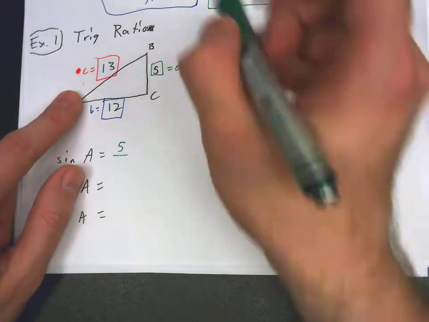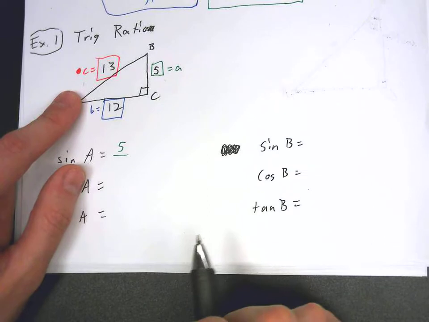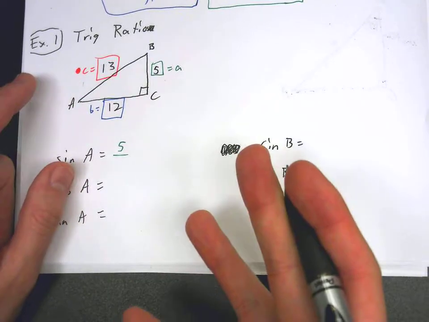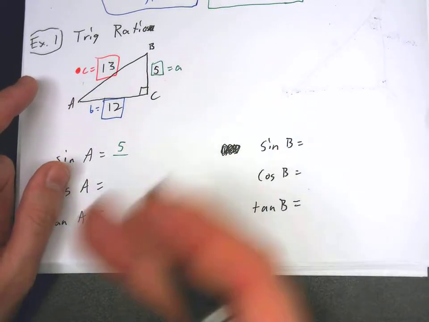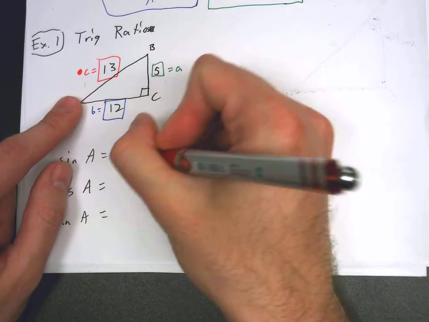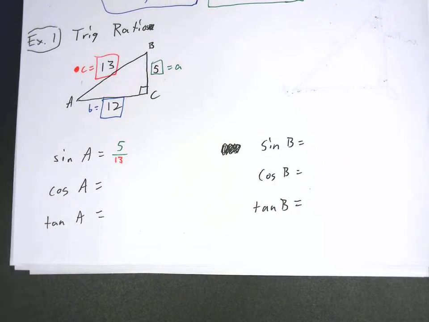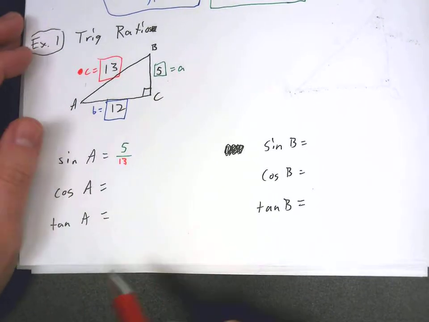It's always the side that's right across from our right angle, which in most cases for the problems you'll see is c. So this is going to be 5 over 13. And then this would be our trig ratio. That would be our answer if you were just asked to find the trig ratio, which is the first part of today's assignment: you are just asked to identify the trig ratio.